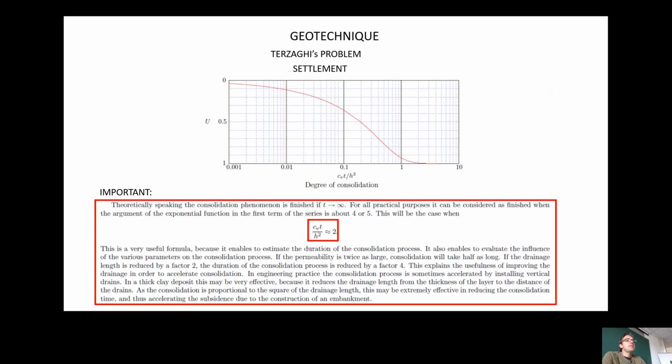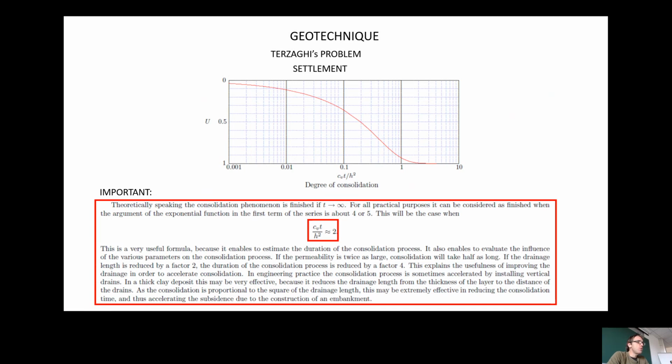So it is also a good estimation of the time of consolidation. If the drainage length is reduced by a factor of 2, the duration of the consolidation process is reduced by a factor of 4.